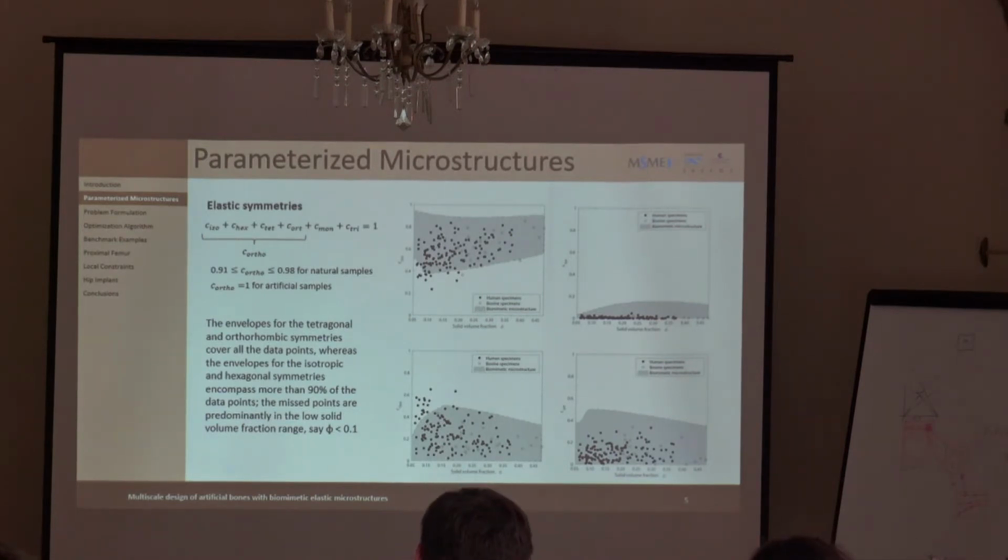Nevertheless, we found that the artificial microstructures are able to reproduce the tetragonal and orthorhombic symmetries of the elasticity tensor on the whole set of natural samples that we had. And they encompass 90% of the points that we had in the isotropic and hexagonal symmetries. Most of the samples that we are missing have a low volume fraction, less than 10%.